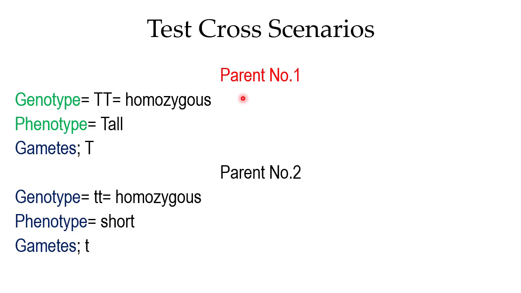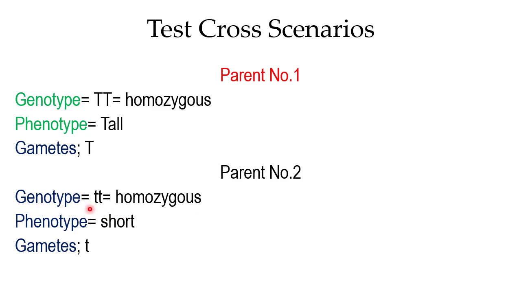For example, you've got a parent whose genotype is capital T capital T, that means it is homozygous. The phenotype is tall. It can only produce a single type of gamete, and all of the gametes are going to carry the capital T allele. If you cross them with parent number 2, as I've told you, in the test cross, if you are interested in determining the unknown genotype, you have to cross it with a homozygous recessive parent.